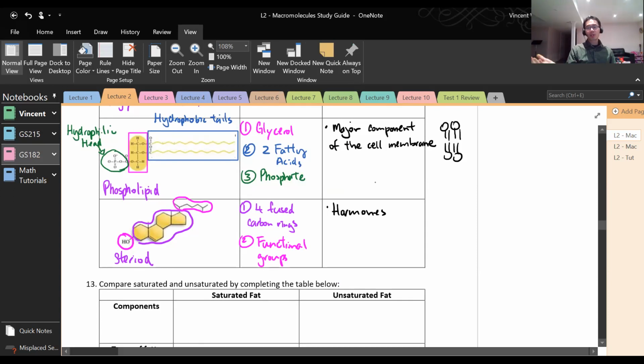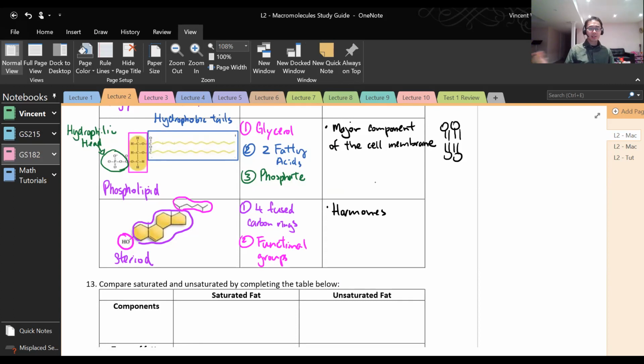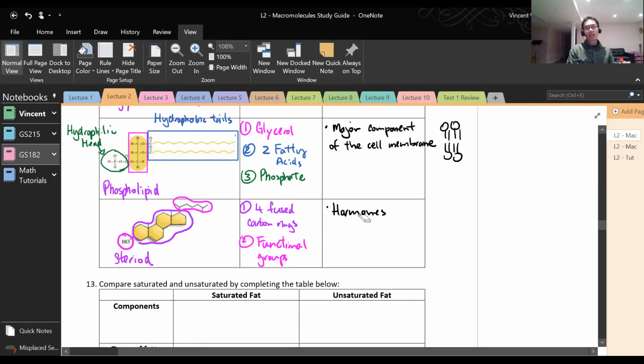Hormones are signaling molecules in the body, and that's how our cells communicate with each other. And hormones can be lipids or they could be proteins. Examples of steroid hormones would be things like testosterone, the dominating male sex hormone.